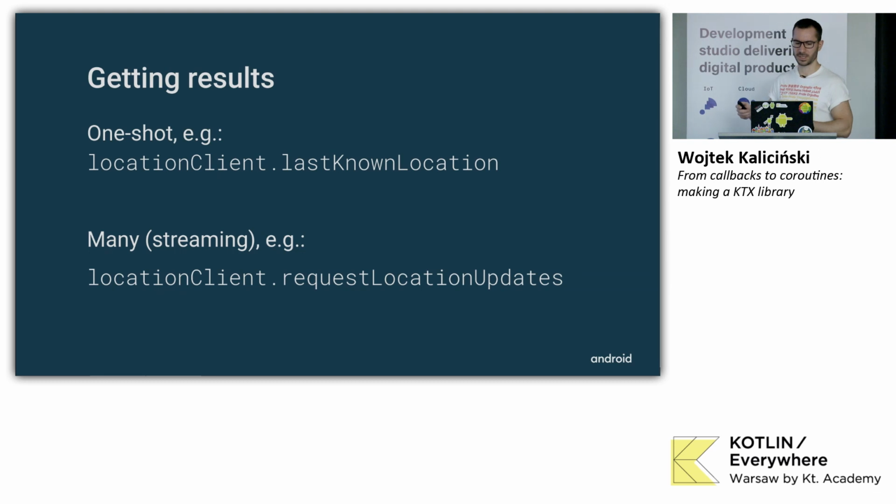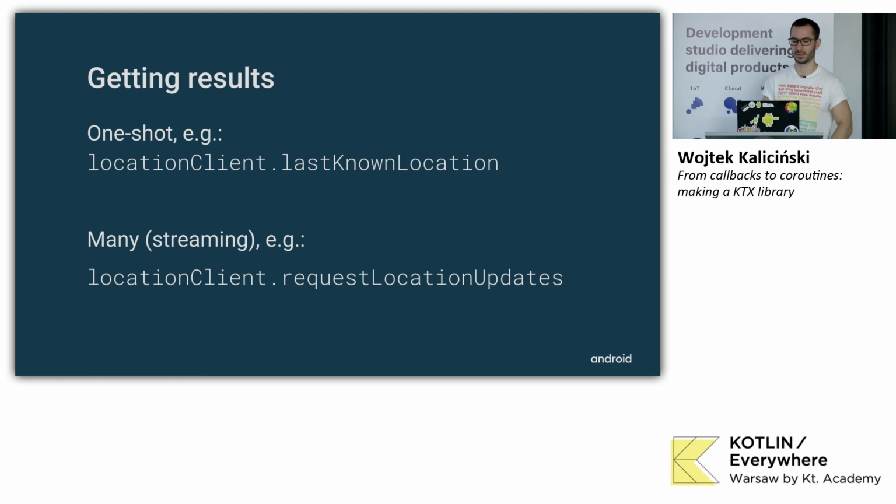Like, let's talk about the fused location provider in Android, which gives you locations from the GPS. If you just want to know, hey, what's the last known cached location that you have, you would call something like last known location, gives you one location, that's it.